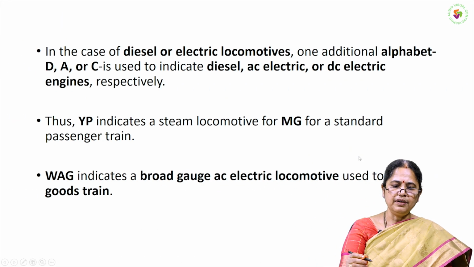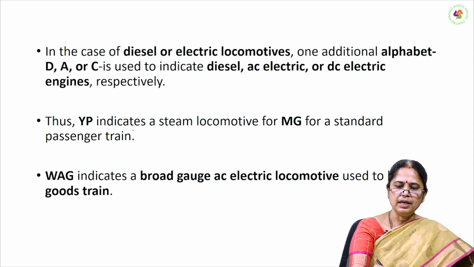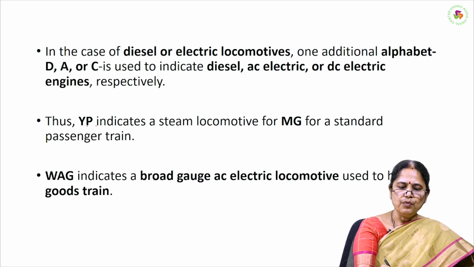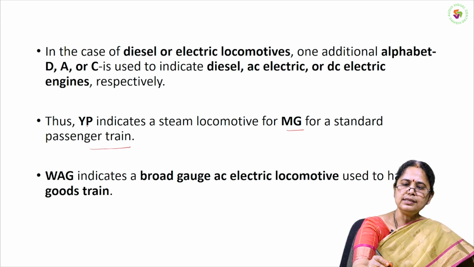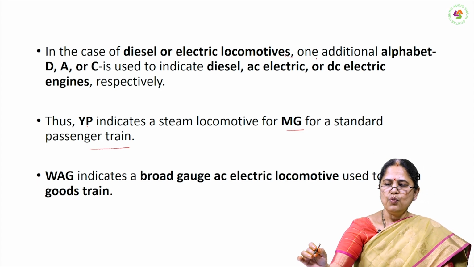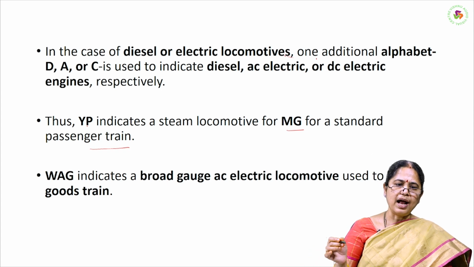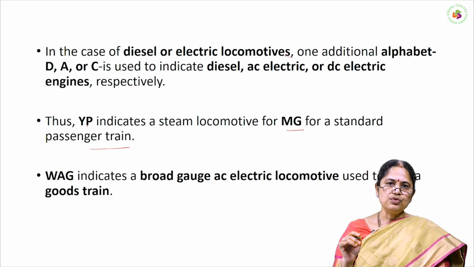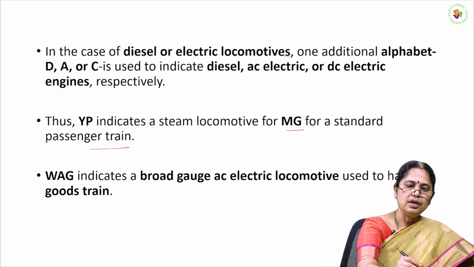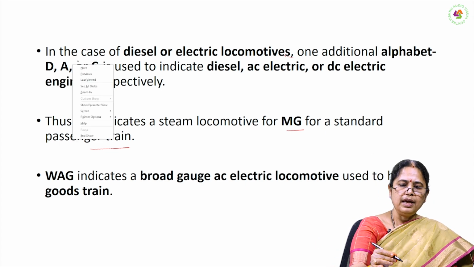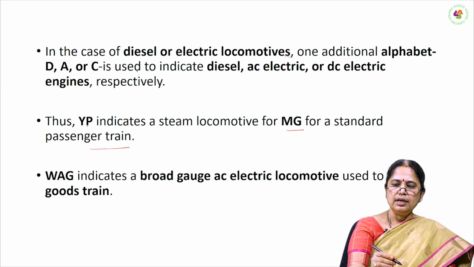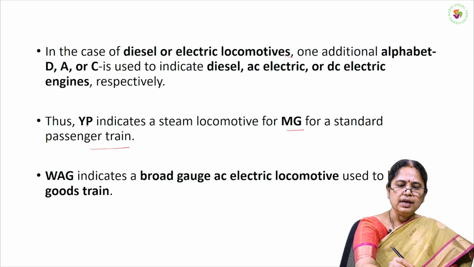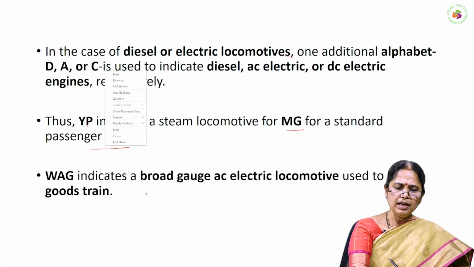So for example, Y and P: Y is for meter gauge and P is for passenger train. For diesel or electric locomotives, one additional letter is added between the gauge letter and the first letter of the class, that is D for diesel, A for AC electric, and C for DC.